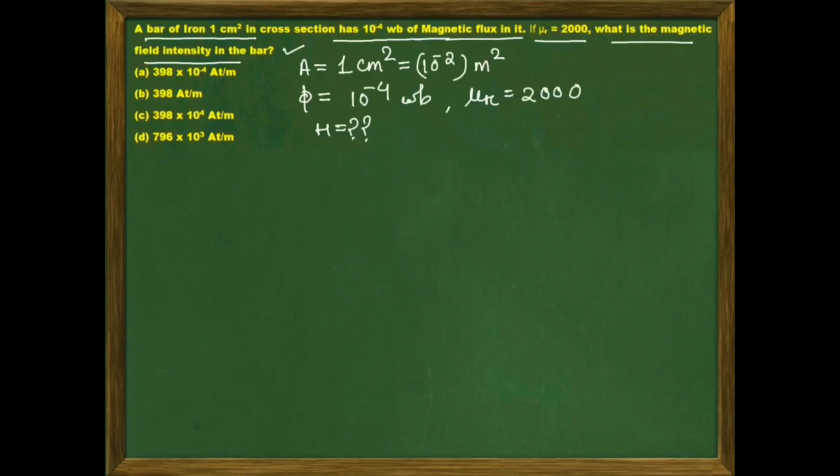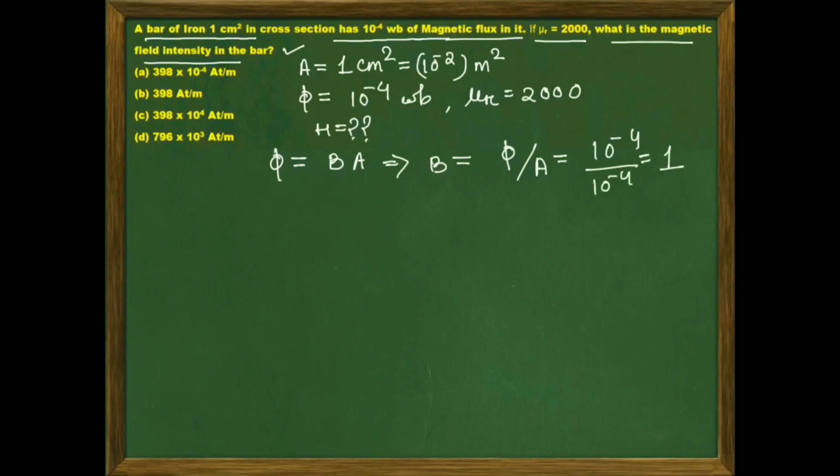We know that flux is given by the formula B into A, the product of magnetic flux density and area. So B is flux by area, that is 10 to the power minus 4 divided by 10 to the power minus 4, which is 1, and its unit is Tesla.